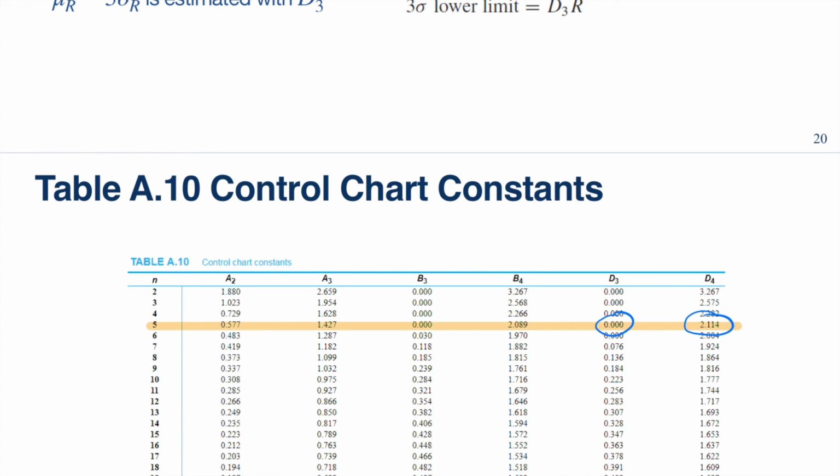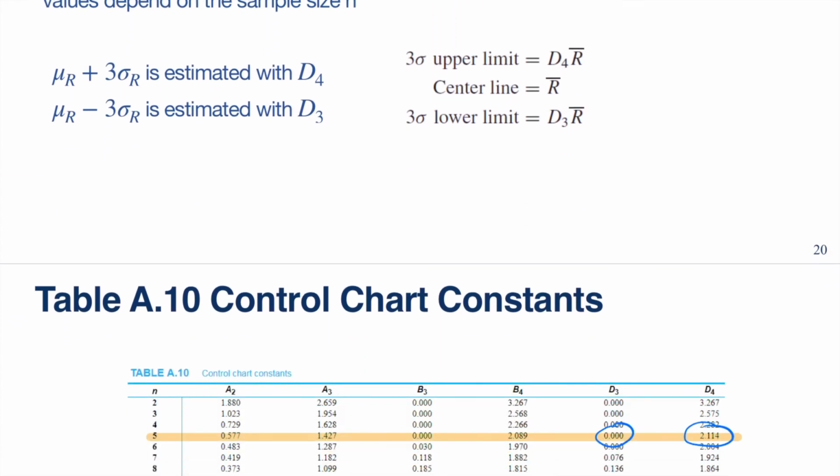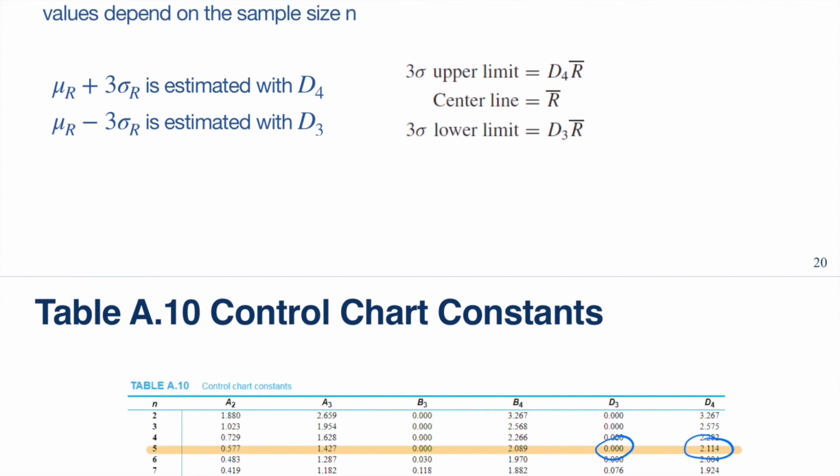So these are the estimations for the R chart. So D4 times the mean of R is equal to 2.114 multiplied by the mean of R, and if we go back to the table, that's 0.607.